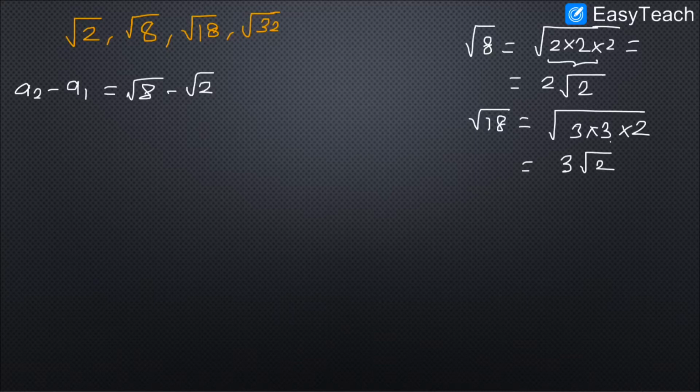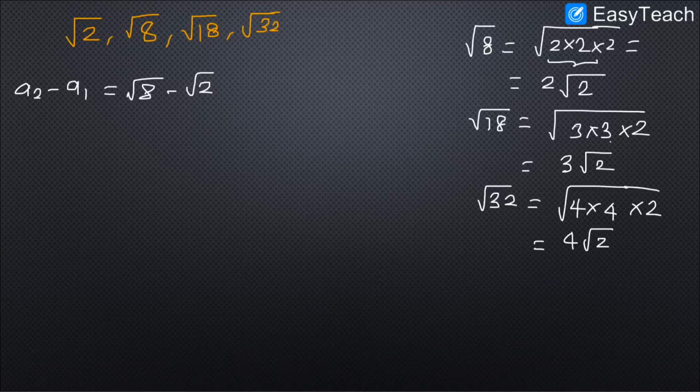So we can write 3 root 2. The next step, root 32 we can write as 4 4s are 16, into 2. So 4 root 2. Here we have just converted all the terms into a similar form, then the calculation will be easy.